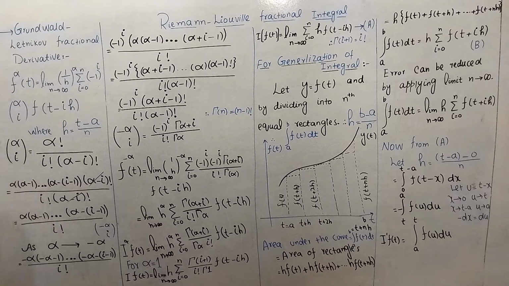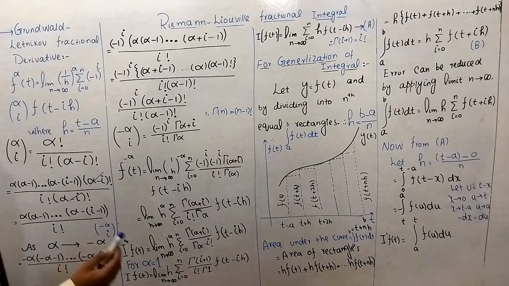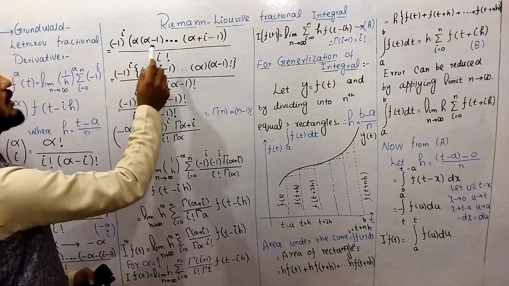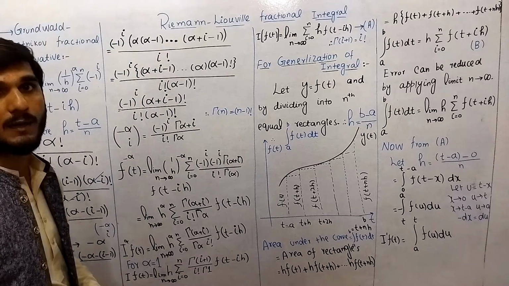Here we can see the terms in this relation are minus alpha, minus alpha minus 1, and so on, up to minus alpha minus i plus 1. The number of terms from minus alpha minus 1 onward are i minus 1, and the one term is minus alpha, so the whole number of terms is i. We take minus common from this expression, so the power will be i.